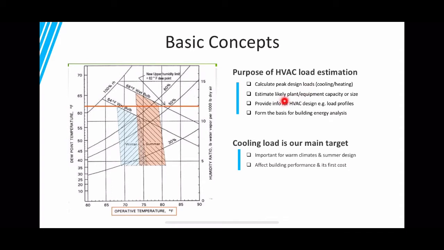We also want to know the estimated equipment capacity or size needed to cool down a space within the thermal comfort zones, and also to provide information for the HVAC design, for example the load profiles, which is also important for other people reading the report and manual. Lastly, to form the basis of building energy analysis. So from here you will have the cooling load calculation.